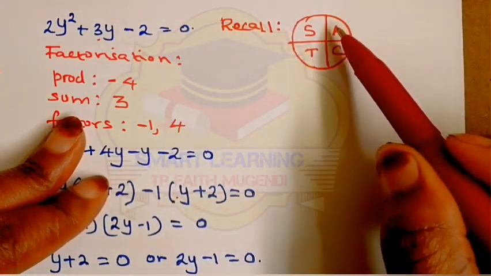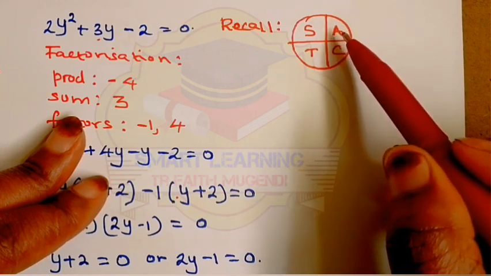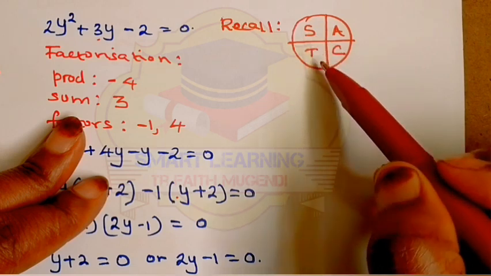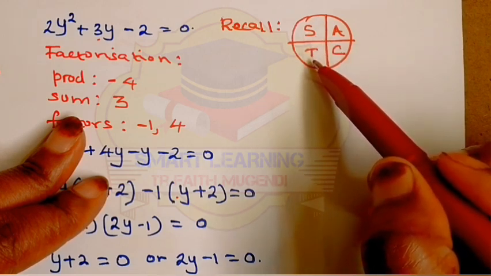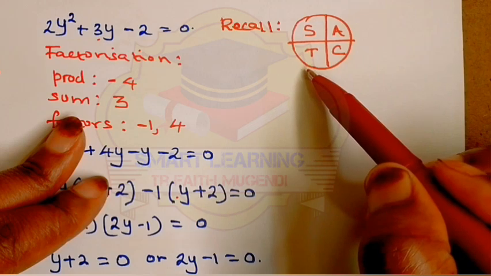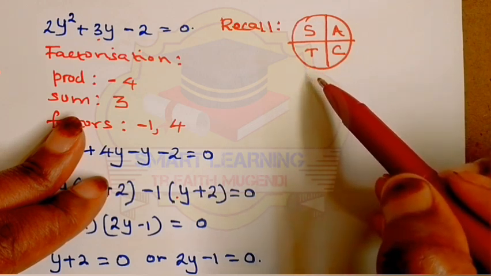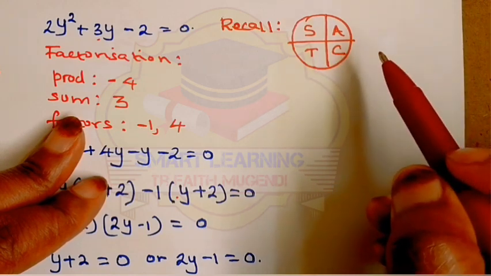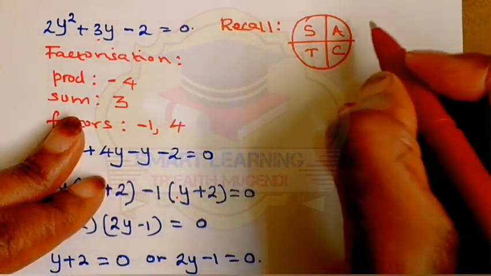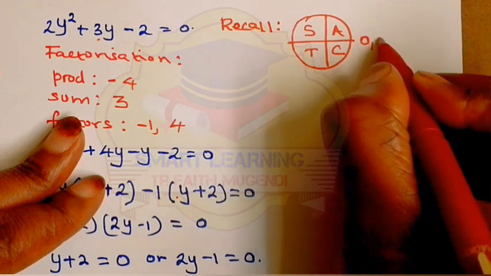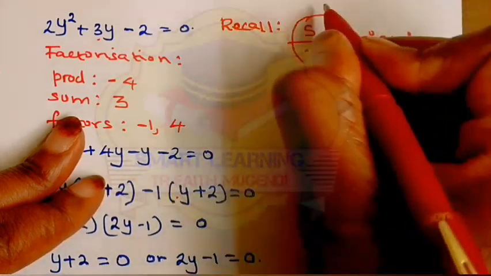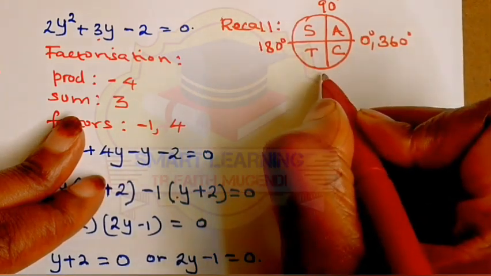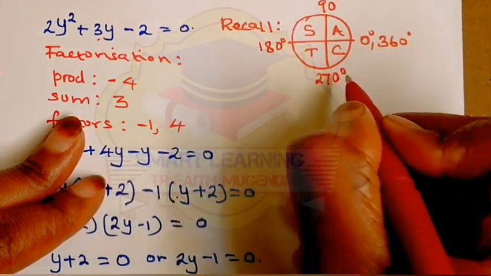So it means that all angles here in the first quadrant are positive, only sine is positive in the second quadrant, only tangent is positive in the third quadrant, and only cosine is positive in the fourth quadrant. So we normally have 0 and 360 degrees here, then we have 90, 180 degrees, and 270 degrees.